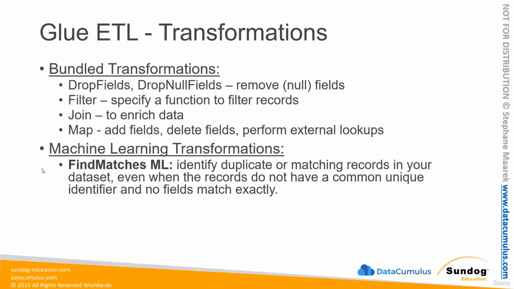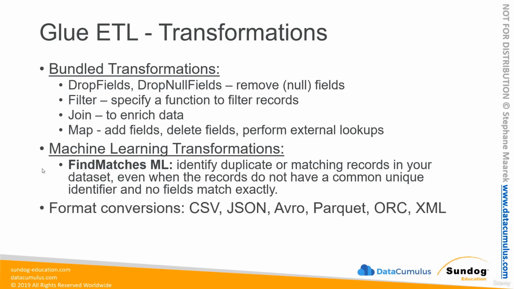So it can actually learn what a duplicate record looks like, even if it's not really a duplicate. For example, if you have duplicate addresses that vary by some subtle thing, like somebody spelled out street instead of using the abbreviation, you might use FindMatches ML to handle that. So that's a tool that's available for you. Just remember it exists, and that's what it does.